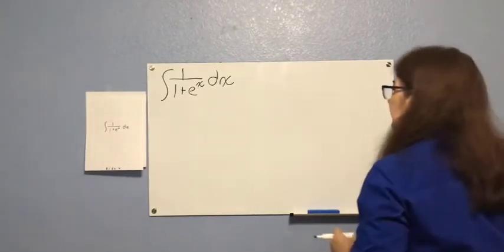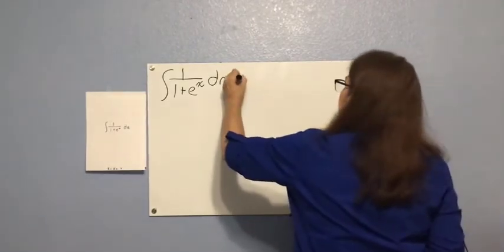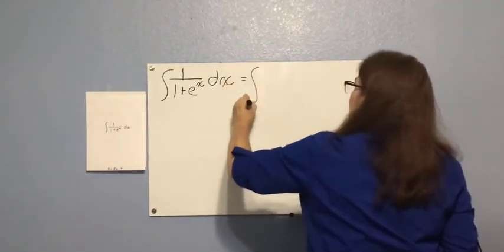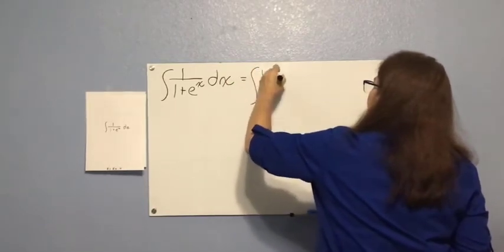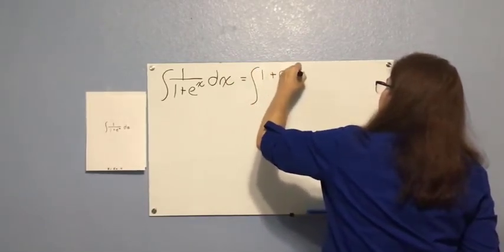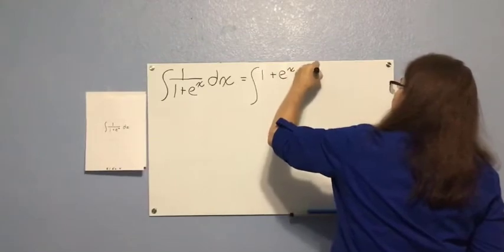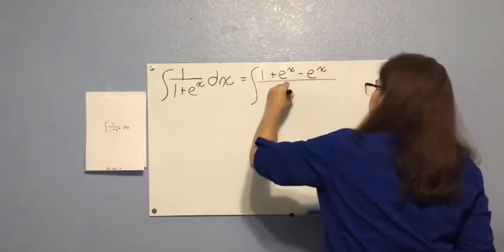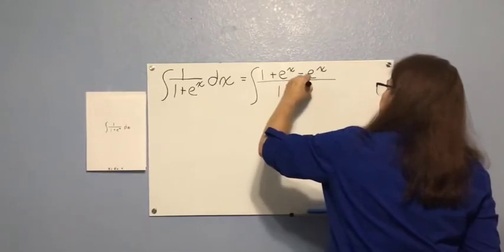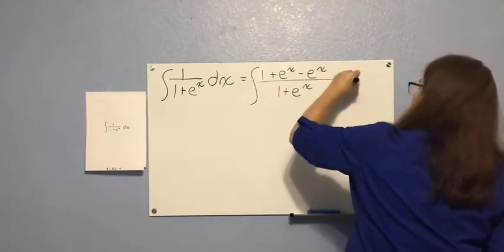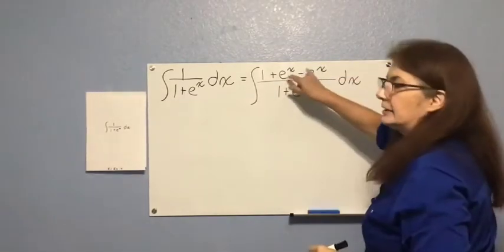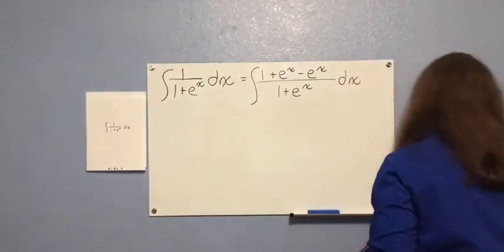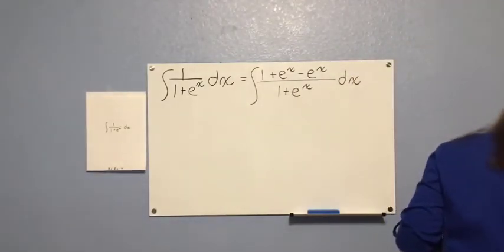But we're going to use a little trick here. We're going to add e to the x power and then subtract e to the x power from the numerator. Okay, you know you can add and subtract the same thing without changing the value.